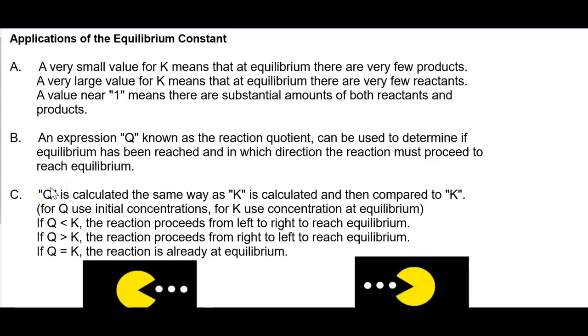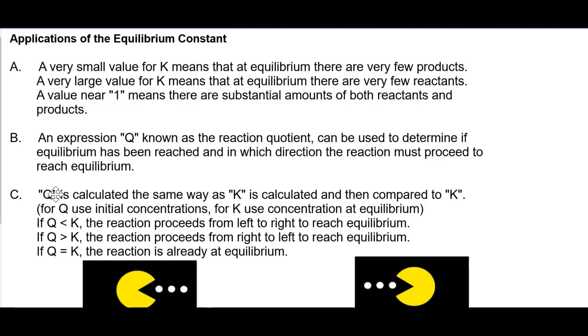You're going to calculate Q and apply all the rules that you do to K to a Q. Q just means something that's not at equilibrium, where K has always meant something at equilibrium. So think of Q and K as the exact same thing, except Q is when something is not at equilibrium. Up until this set of notes, we have assumed everything was at equilibrium.